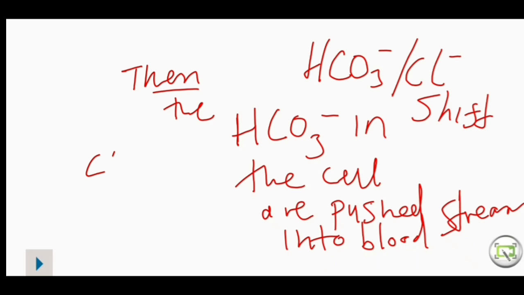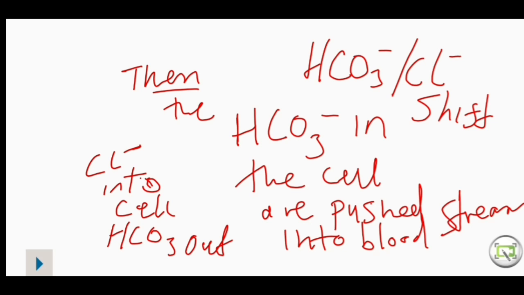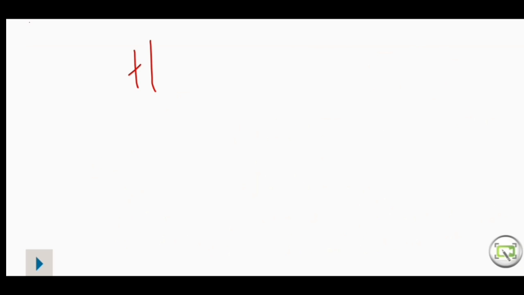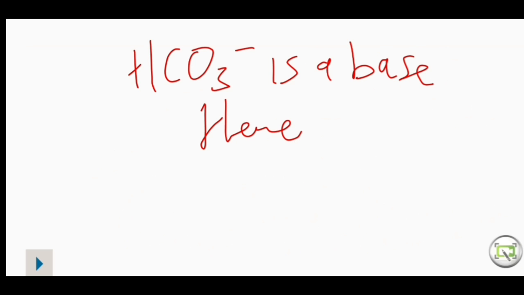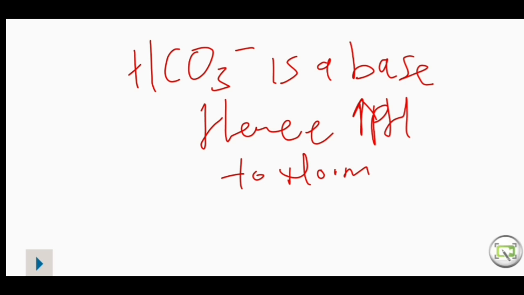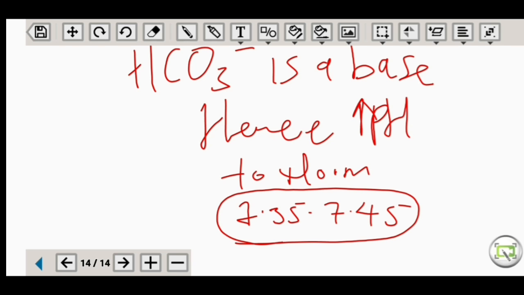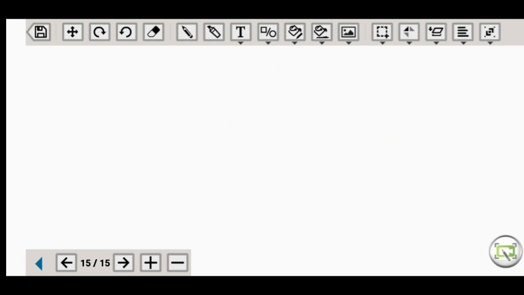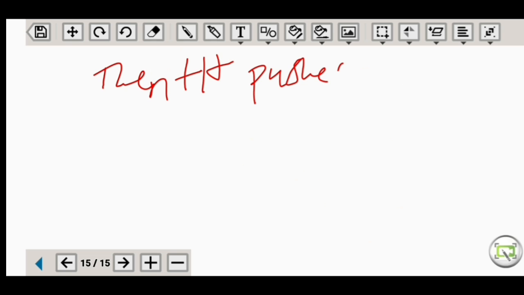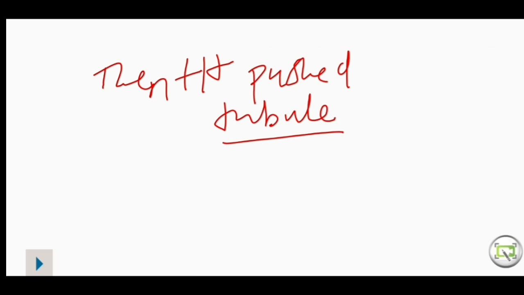So bicarbonate is pushed into the blood, and chloride is pushed into the cell, which is the antiport transport. Bicarbonates are bases. This means that they increase the pH of the blood to normal, which is between 7.35 to 7.45. Hydrogen is now pushed into the tubule using the hydrogen channel, but the hydrogen can go back to the bloodstream, which can again cause acidosis.